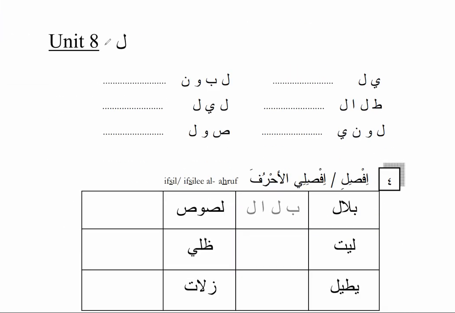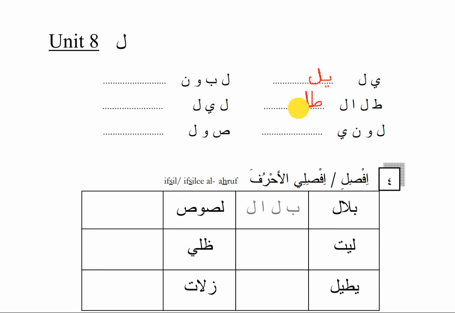Adding or connecting the letters ya, lam and ta. And now ta, you will be writing ta, alif. It looks like alif, it is the portion of ta. Then ta can be connected from both the sides.